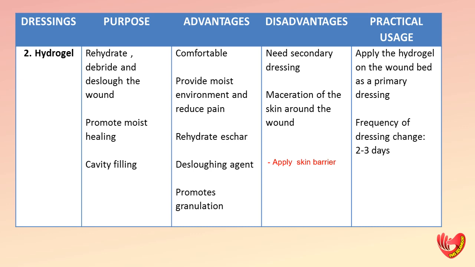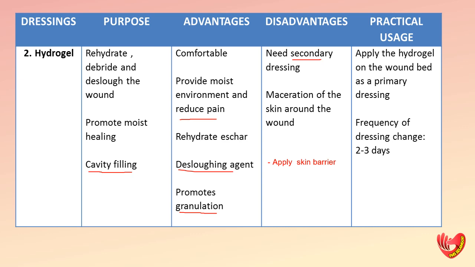We use hydrogel to rehydrate, debride, and deslough the wound. It can be used as cavity filling. Hydrogel often provides moist environment and reduces pain in dry wound. It is used as a desloughing agent and promotes granulation. We need to use secondary dressing on top of hydrogel.